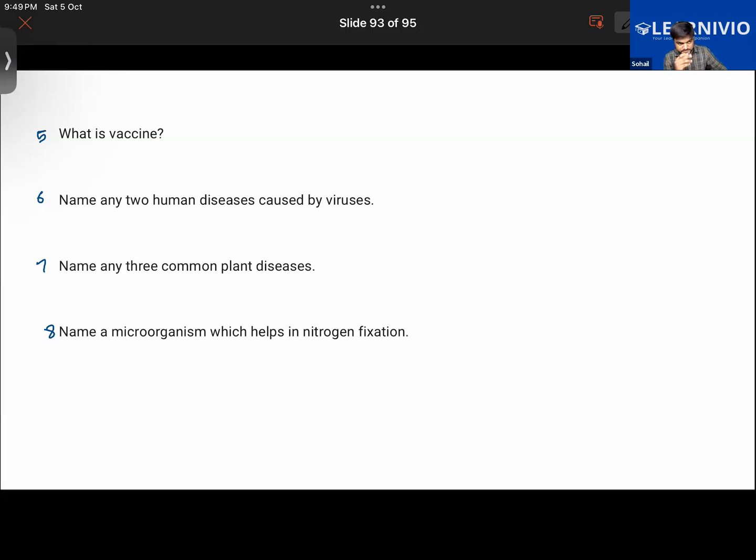It produces antibodies, which is the important thing. Vaccines contain weakened or killed versions of viruses or, in some cases, bacteria. When you are administered the vaccine, your immune system responds by producing antibodies, which fight that germ.